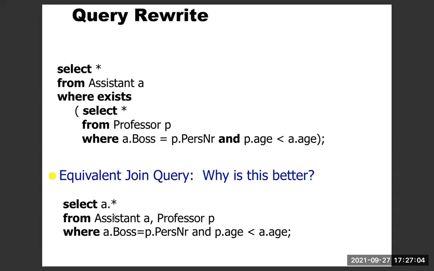And what's the difference? The join query is more suitable for optimization. There are too many methods of join optimization, different methods of join execution, different ordering of tables, different indexing, and so on and so on.